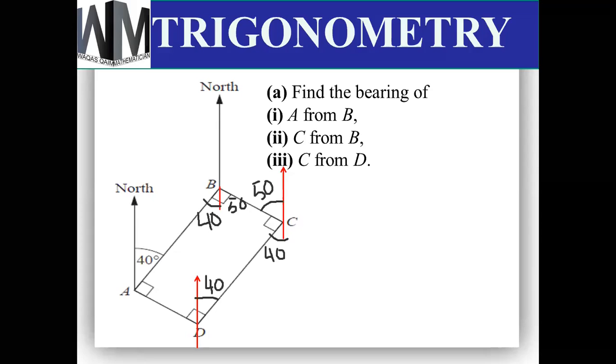So the bearing of A from B will be this, so it will be 180 plus 40 degrees. The bearing of C from B will be this, so it will be 180 minus 50 degrees.